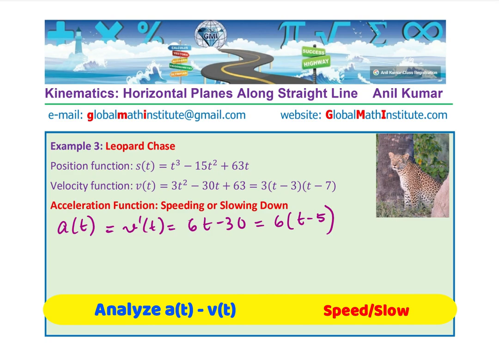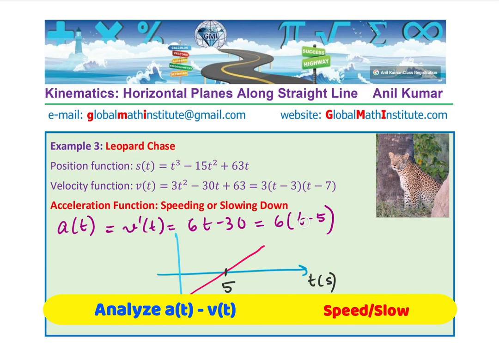So let's try to analyze acceleration on this graph. We notice that acceleration is negative if t is less than 5, but positive after that. So we can draw this graph where this value is t equals 5.